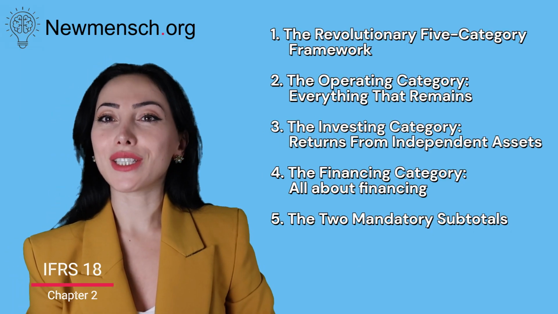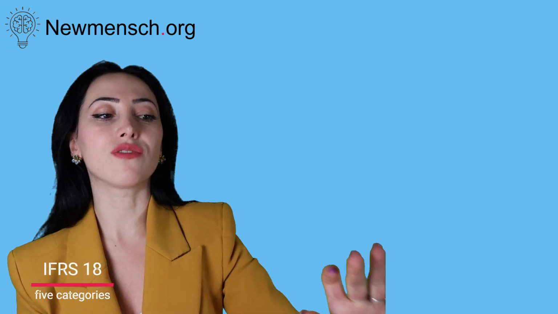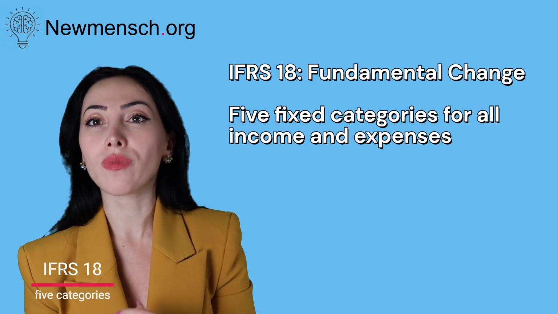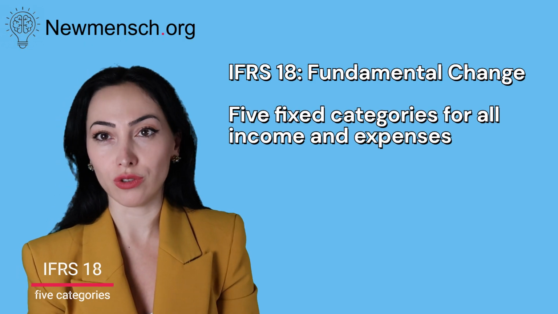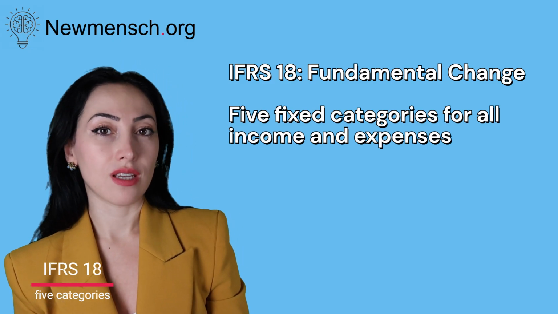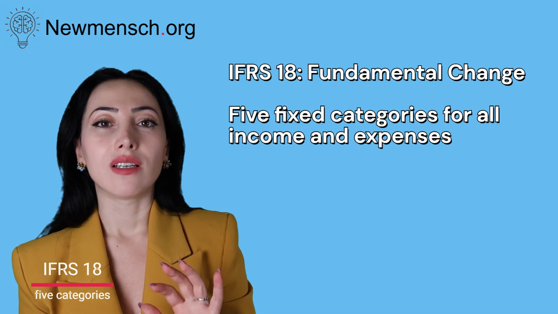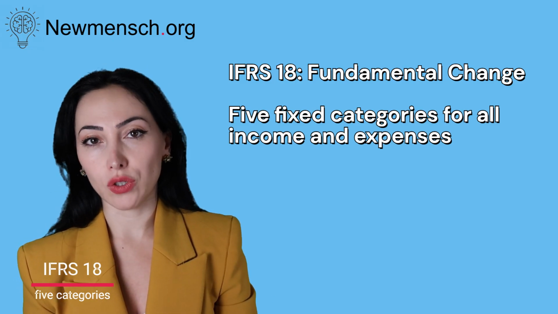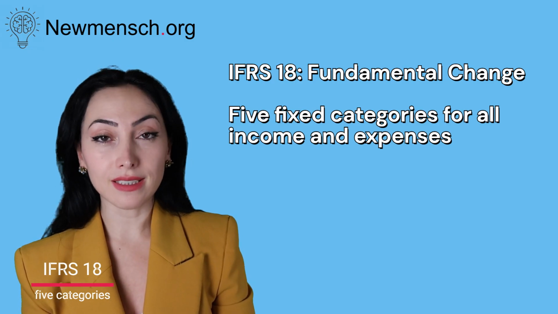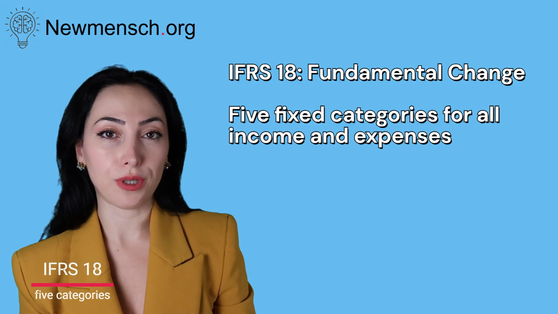Let's quickly tackle our first objective and see how this 5 category framework works and why it's so important and revolutionary. As we know, IFRS 18 suggests that all income and expenses should be categorized into one of these 5 categories: operating, investing, financing, income taxes, discontinued operations.